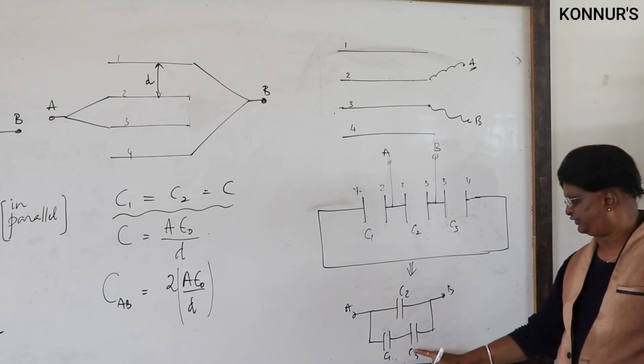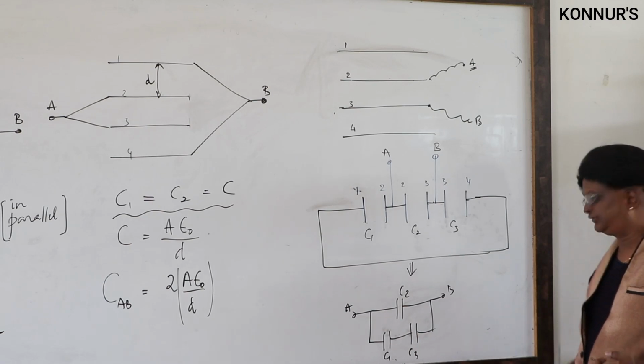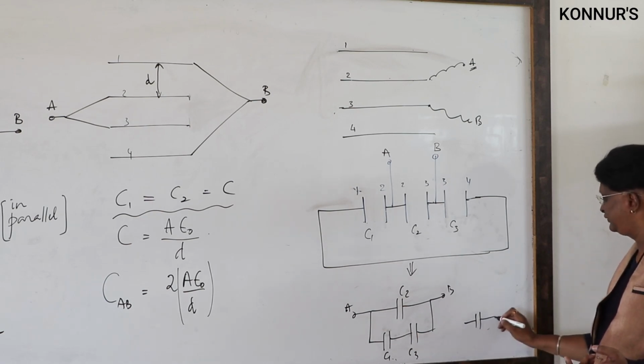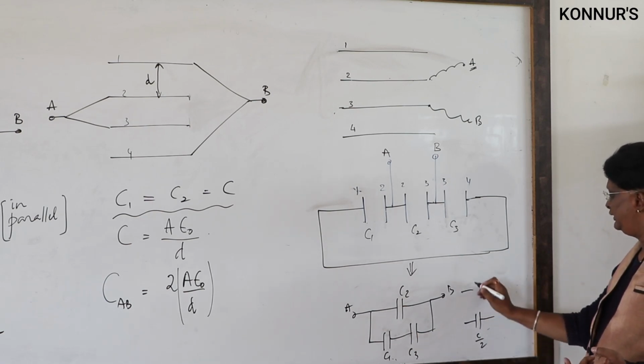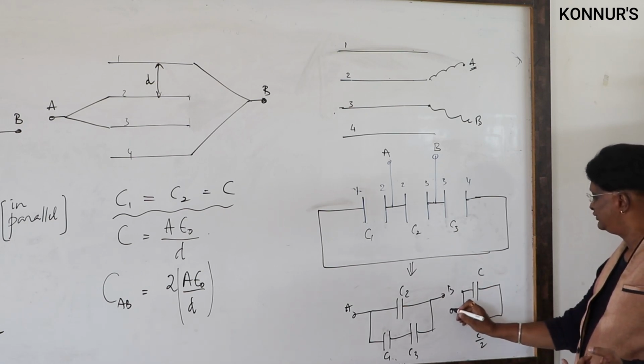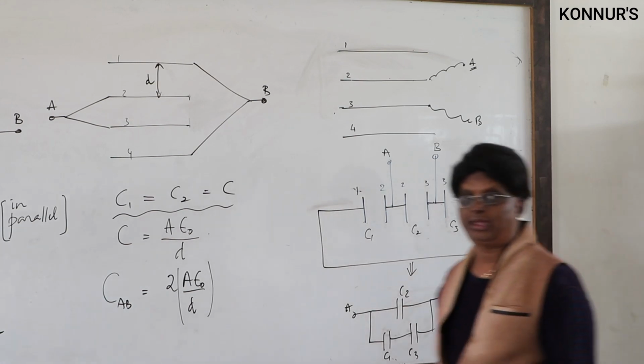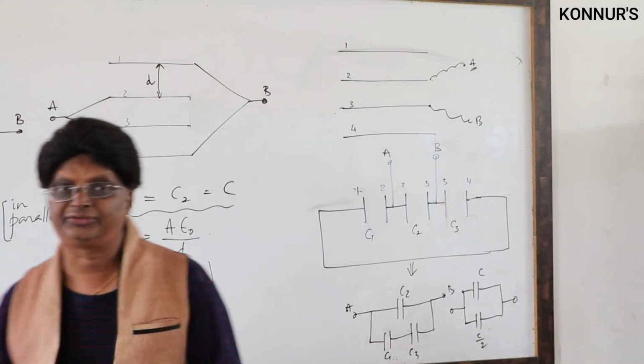C1 equal to C2, C1 equal to C3 equal to C. Therefore C and C in series, it will be C by 2, and of course C2 is also C because identical symmetric arrangement. Therefore C and C by 2 parallel arrangement. Therefore what is the final answer?